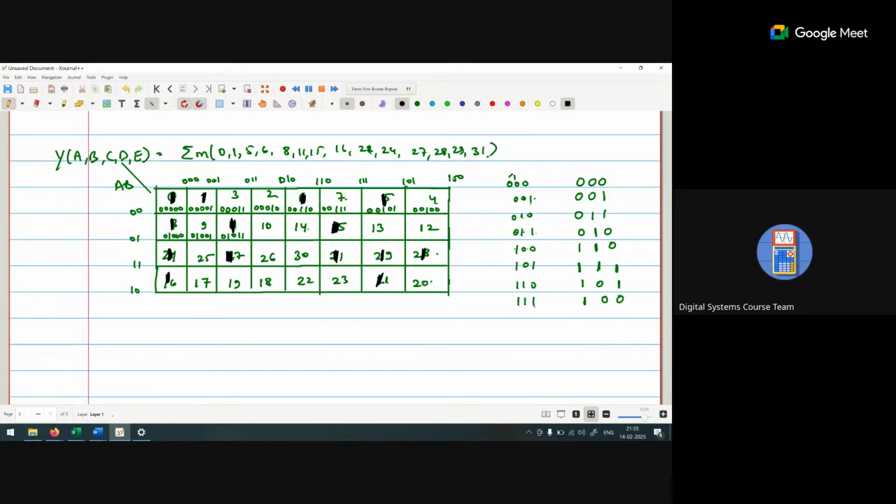Okay, now a group of 4 is created. So one group is this one.